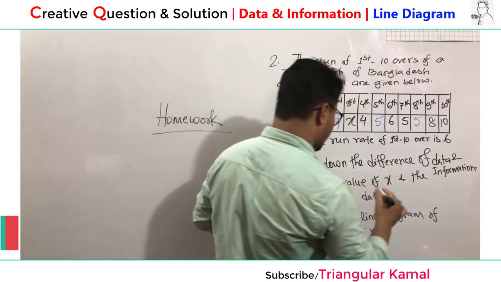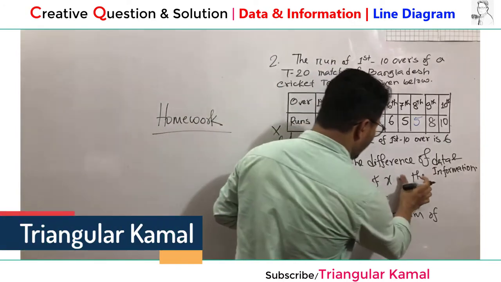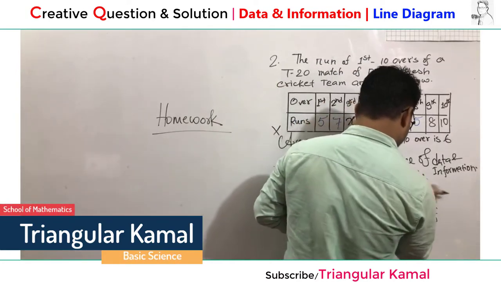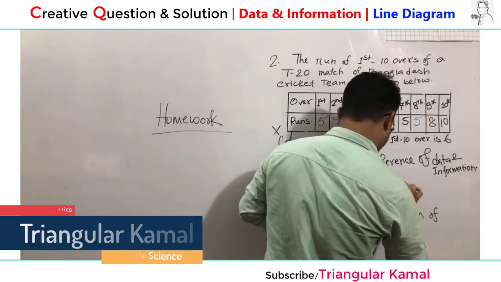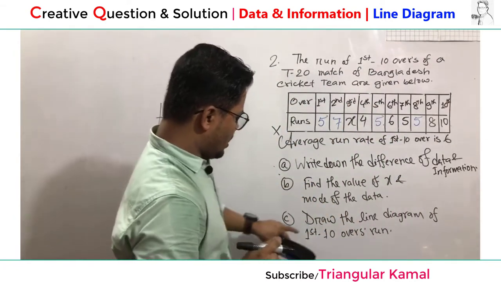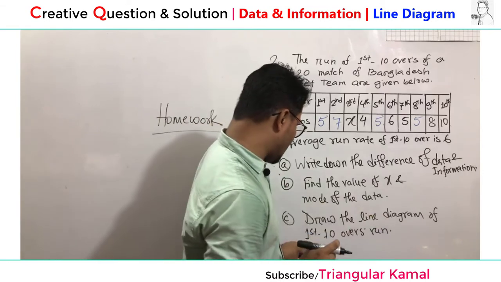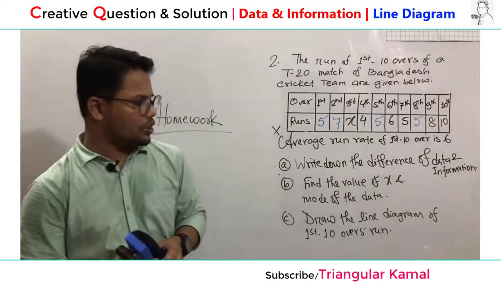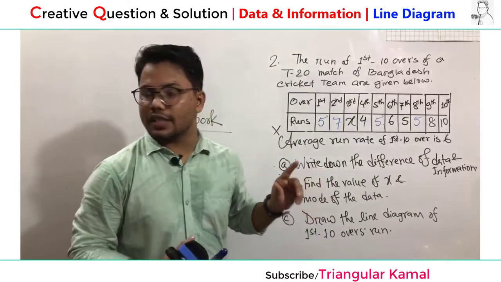And then the second question: find the value of x and the mode of the data, and draw the line diagram of the first 10 over runs. So my dear students, this is your question. I think this is clear.